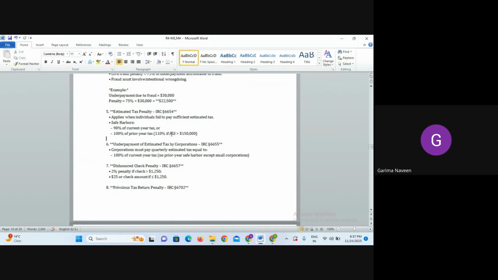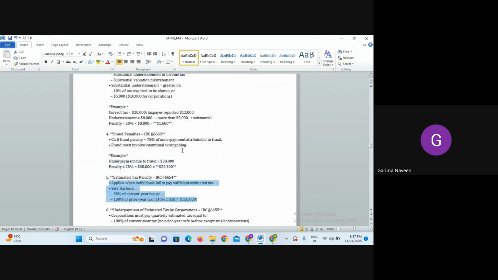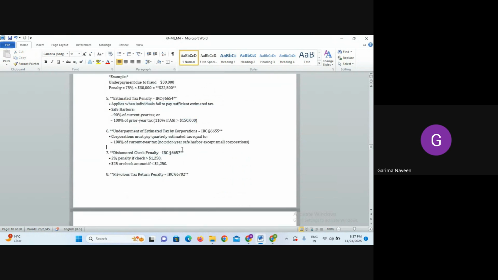But if your AGI, adjusted gross income, is greater than $150,000, then this limit will be 110%. Whichever is the lower amount, you have to pay to the IRS in the form of estimated taxes. If you fail to pay these estimated taxes, then your underpayment penalty will be applied.